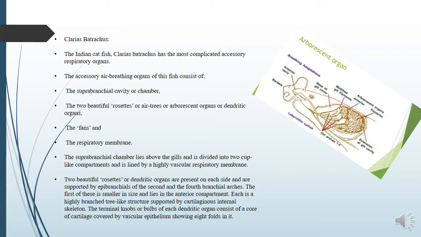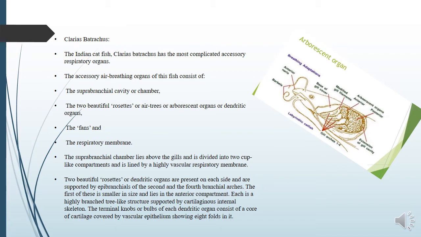vascular respiratory membrane. Two beautiful rosettes or dendritic organs are present on each side and are supported by the epibranchials of the second and the fourth branchial arches. The first of these is smaller in size and lies in the anterior compartment. Each is a highly branched tree-like structure supported by a cartilaginous internal skeleton.